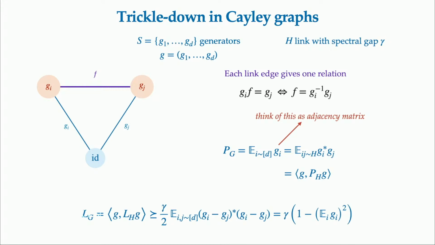It turns out that if I just take this equality and stick a 1 minus in front, then I can say that the Laplacian of the global graph is the same as this formal quadratic form, but with the Laplacian of the link.